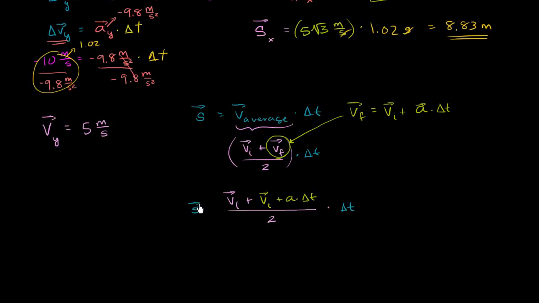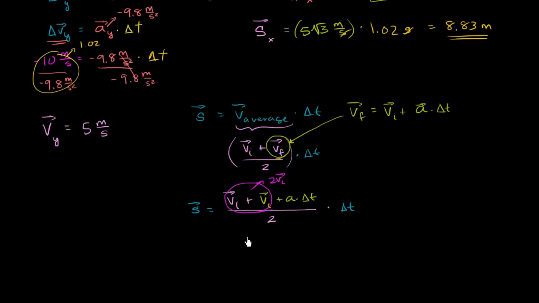Once again, this is our total displacement. So this part right over here, we have 2 VIs, that simplifies to 2 times our initial velocity.